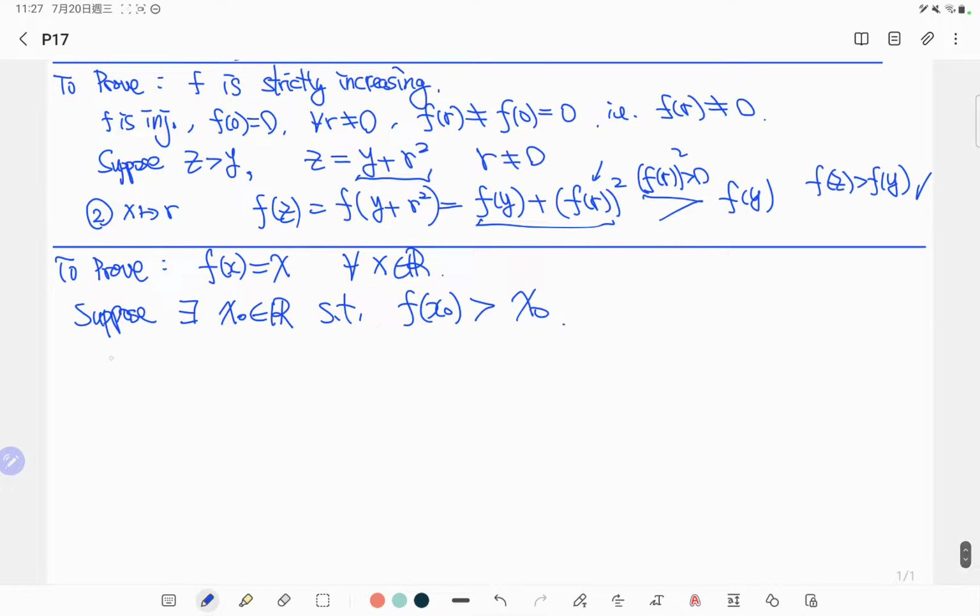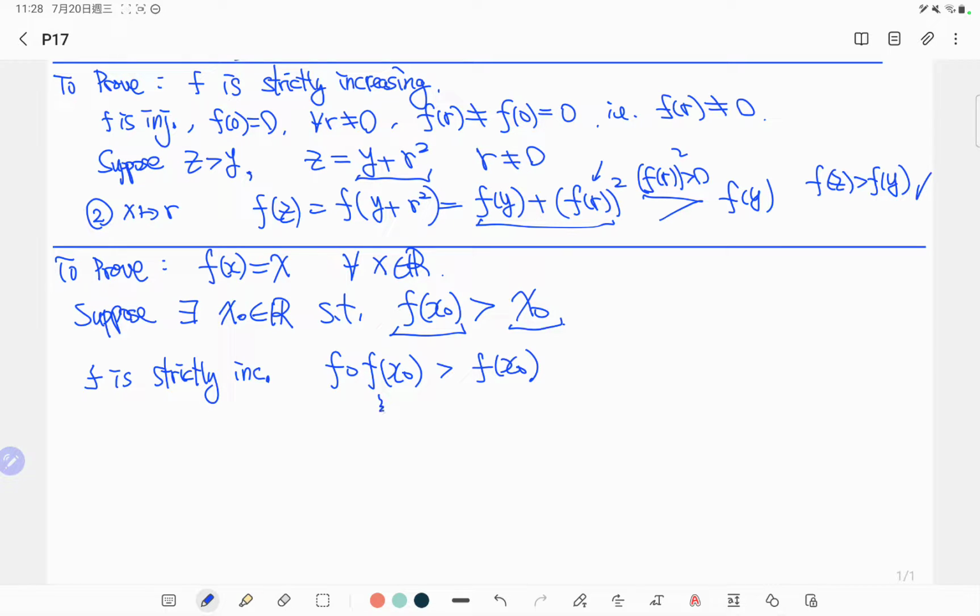Okay, and as much as f is strictly increasing, let's take f on both sides, so the inequality wouldn't change direction. So we should have f of f of x sub 0 is larger than f of x sub 0.